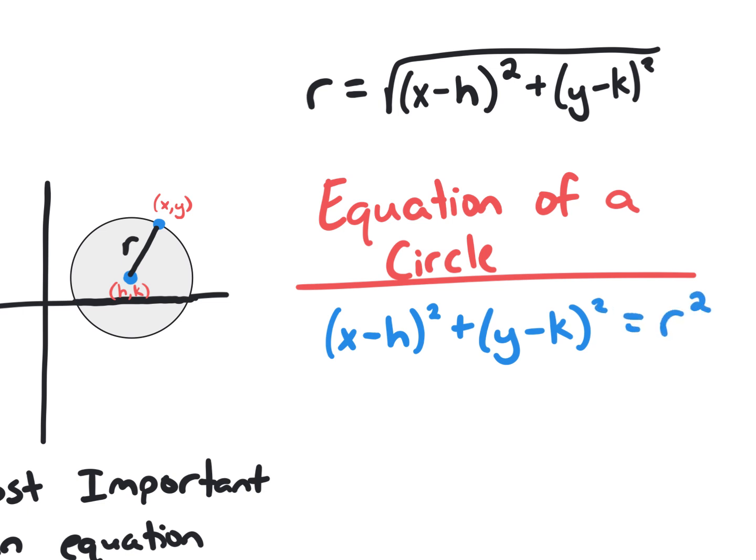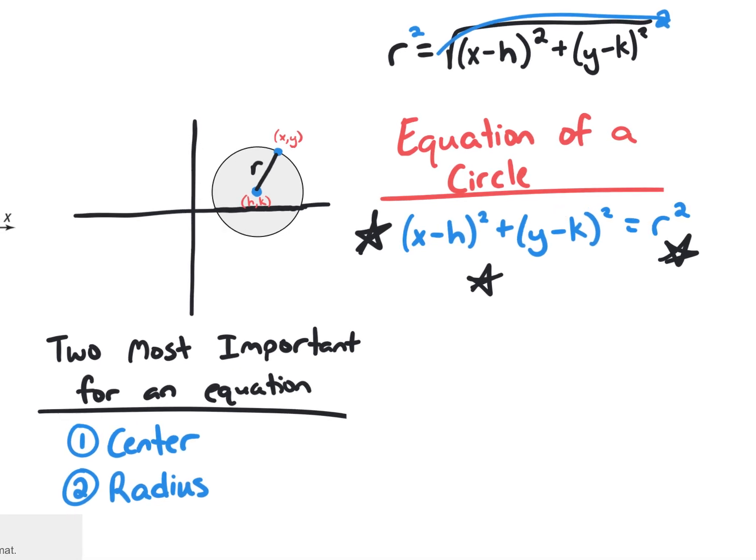That is the equation of a circle. It's important. How does that relate to the distance formula? It pretty much is the distance formula, right? The only thing that happened was they got rid of the square root and took the square to the other side.